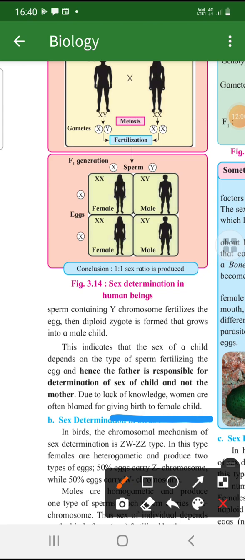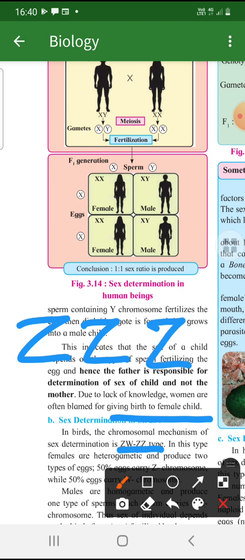लेकिन बर्ड में कुछ अलग है. बर्ड के अंदर मेल्स आर होमोजाइगस and females are hetero.